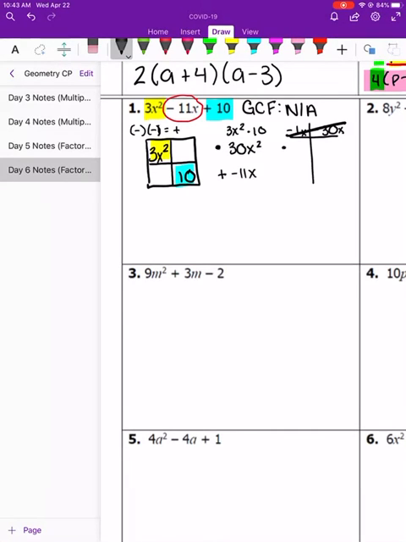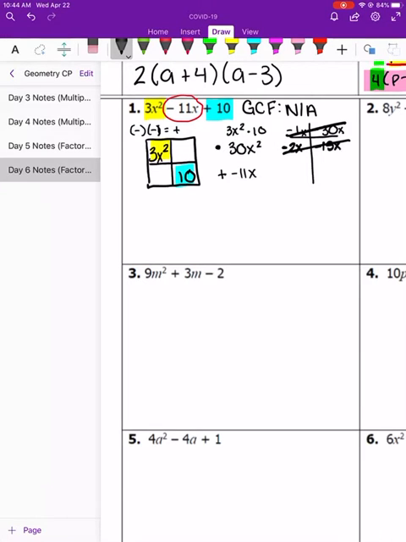Okay, so I'm going to do my next one. I know negative 2 will work. Negative 2x and a negative 15x. Okay, well, negative 2x times negative 15x is going to give us a positive 30x squared, but it's not going to add to give us the negative 11x.